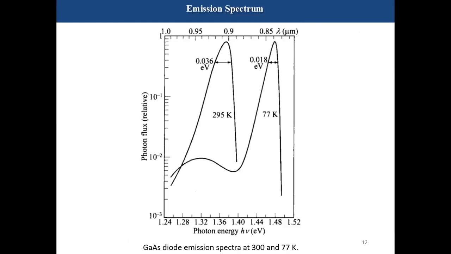Now the emission spectrum in real life looks something like this for a gallium arsenide diode at different temperatures. So you can already understand temperature does make a shift in the emission.